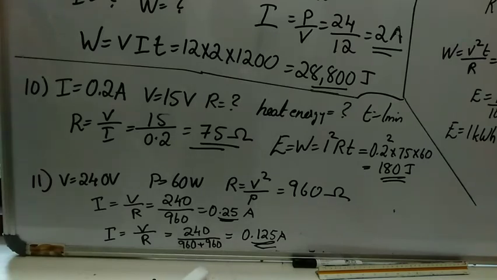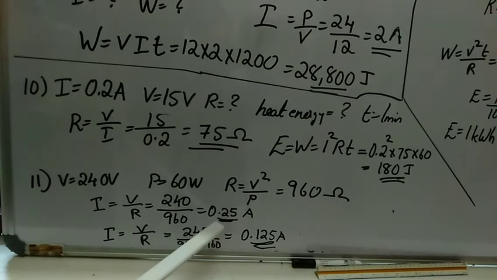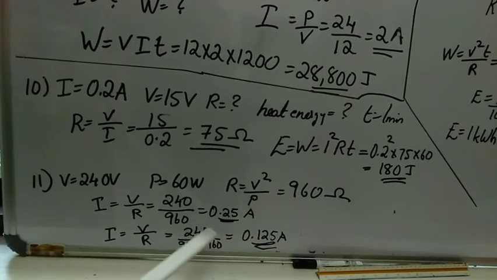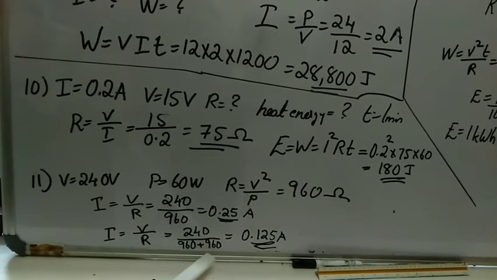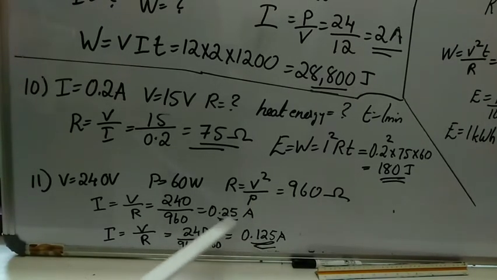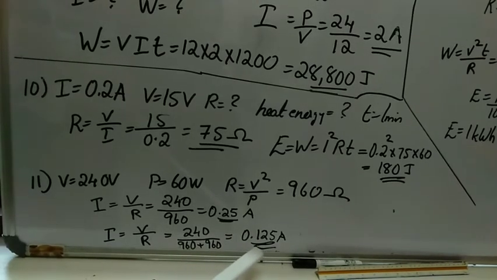When two bulbs are connected in series, the total resistance will be R1 plus R2. So 240 by 960 plus 960, you will get the answer 0.125 ampere. So here you can see when one bulb is connected, current is 0.25. When two bulbs are connected, it becomes just half of 0.25, that is 0.125 ampere.